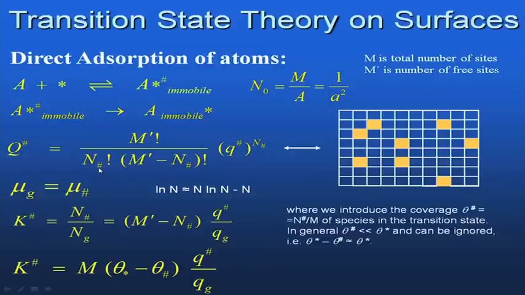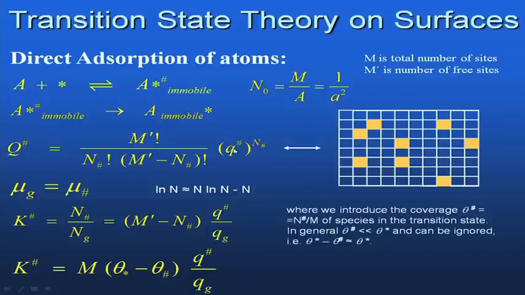These are the number of adsorbed gas molecules, the number of molecules which are in the activated state. So, this corresponds to the number of atoms which are adsorbed, times this, since this is for your activated state.